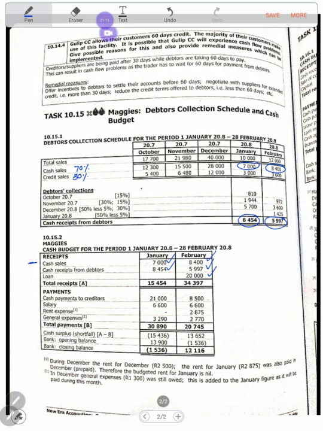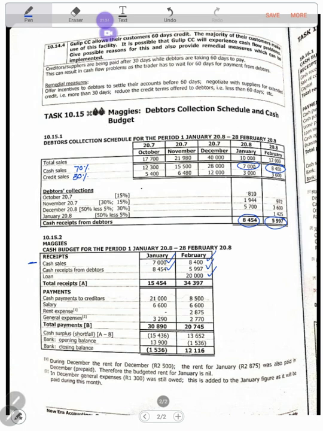And that, grade 11s, is all the receipts for the budgeted period. So what we're going to do is we're going to tally up the months. Total receipts for January will be 7,000 plus 8,454, and that will give me a total of 15,454.